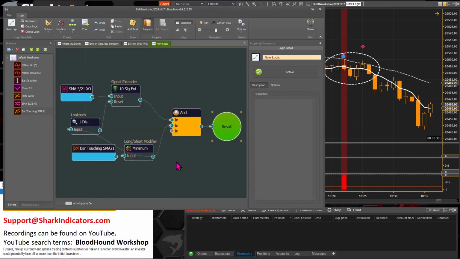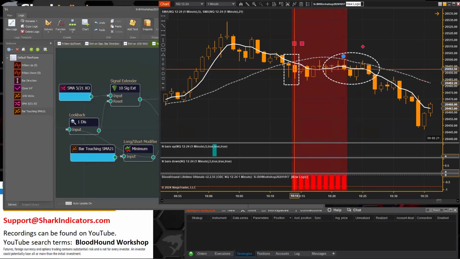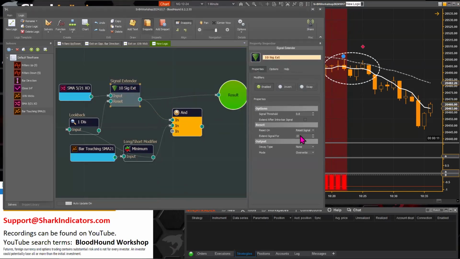And from this standpoint, it's really just a matter of figuring out, again, how many bars you want to wait for that pullback to occur. So it's a matter of customizing the signal extender.